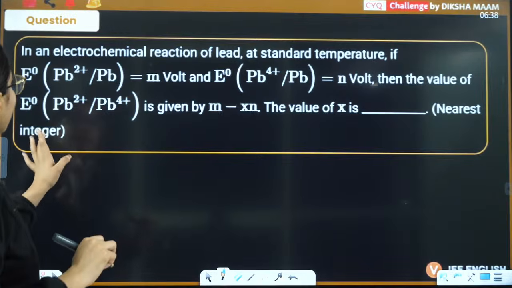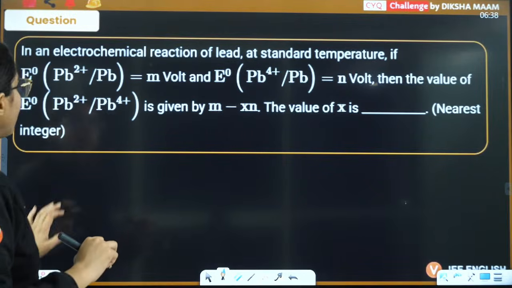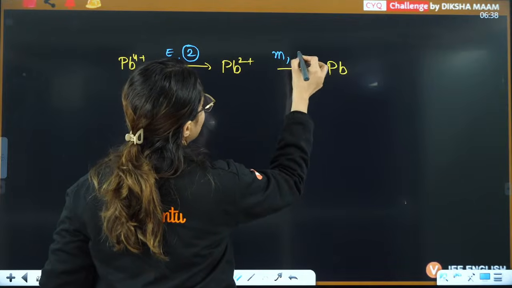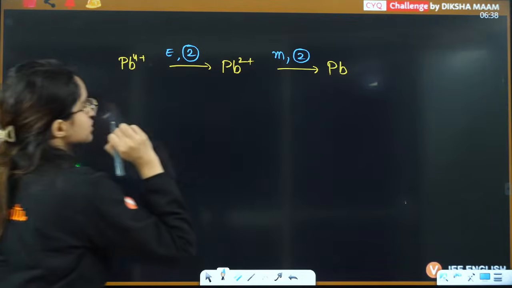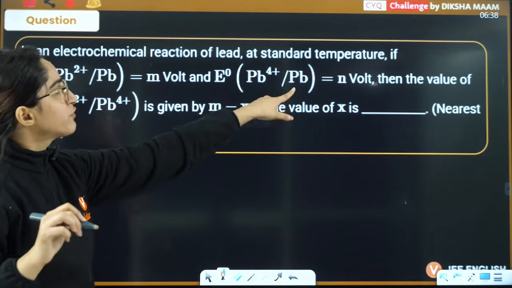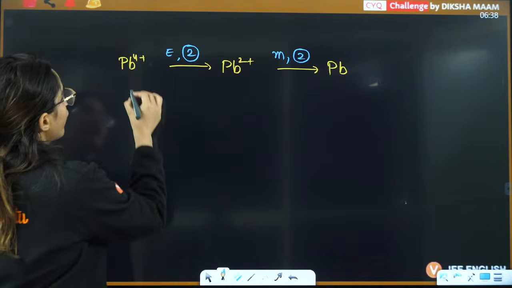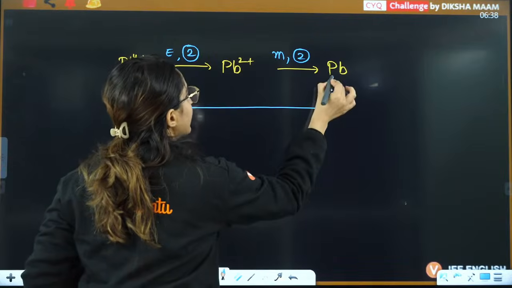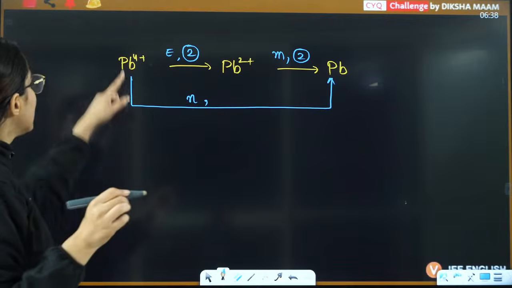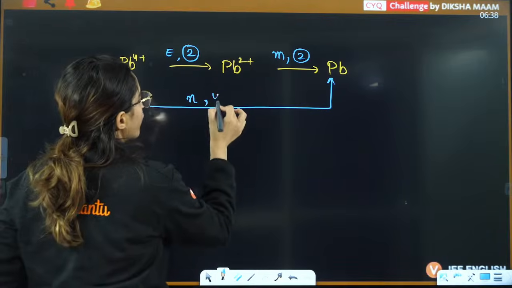Then for Pb2 positive to Pb, the electrode potential is M and electrons involved are 2. Then for Pb4 positive to Pb, the electrode potential is N and electrons involved are 4.